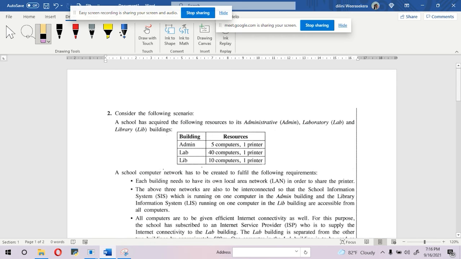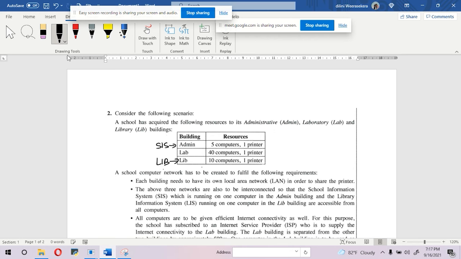In this school, they say there are particular systems running. SIS, the school information system, is running in the admin division. And then there's the LIS, the library information system, running in the library.